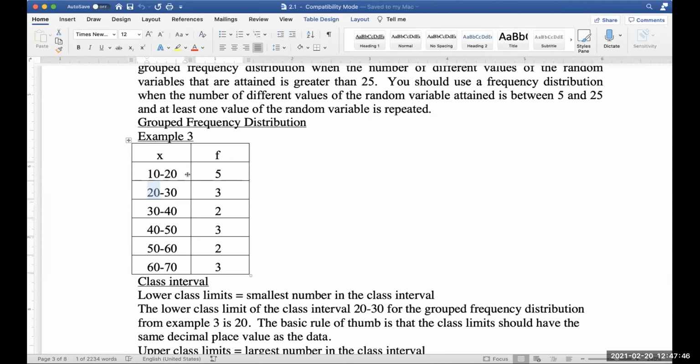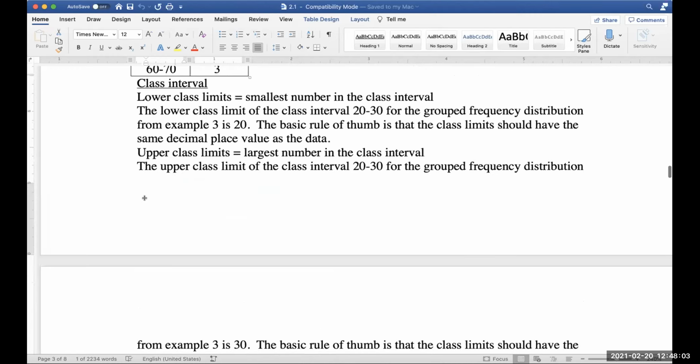And so in this case, we have a little bit of a problem, because what do you do with the 20? If you have 20, which one does it go into? Does it go into this first one or into the second one?